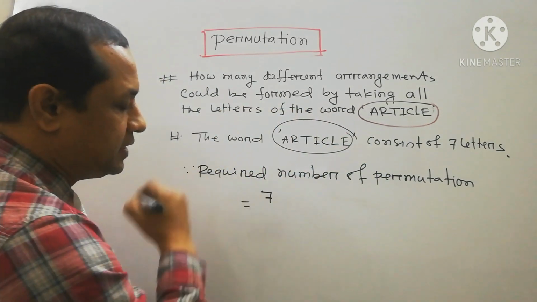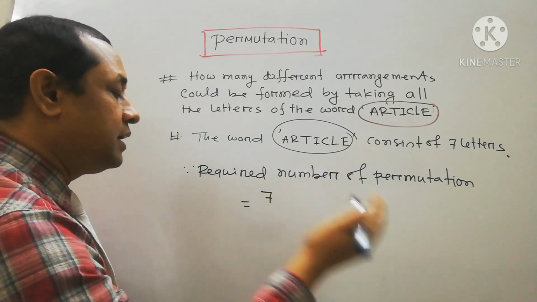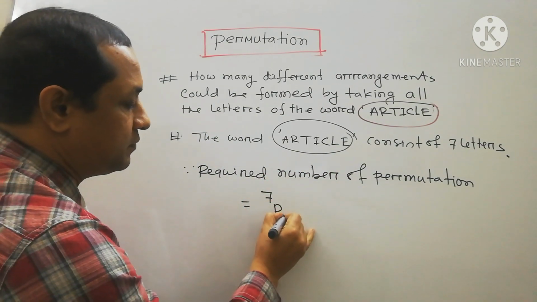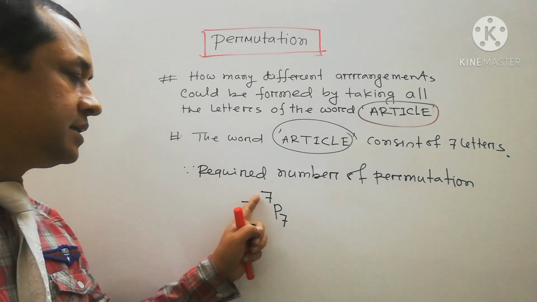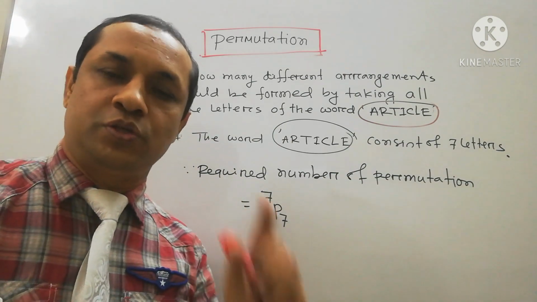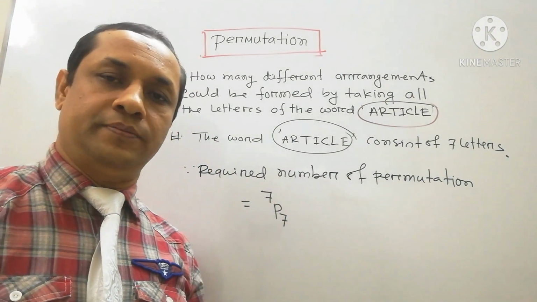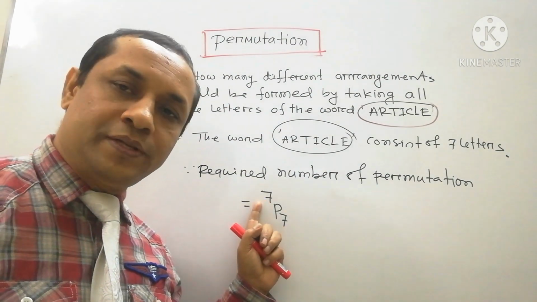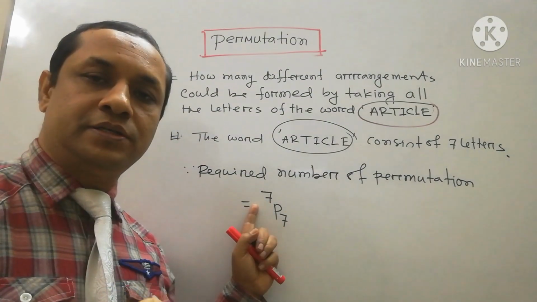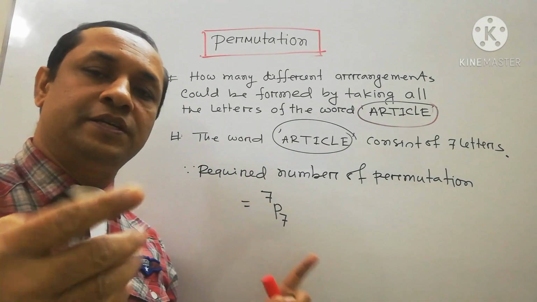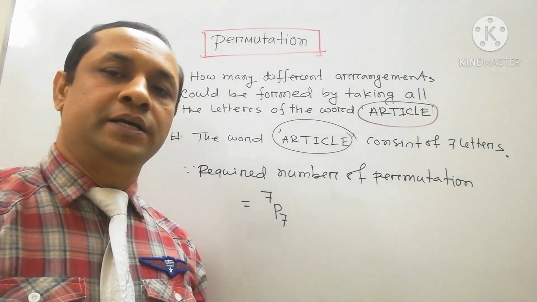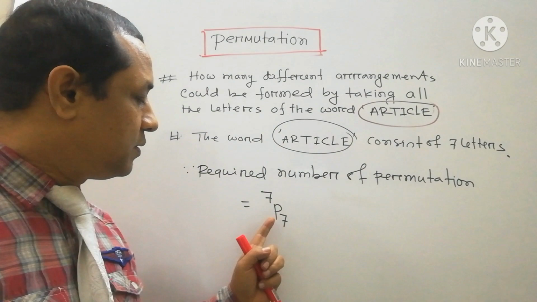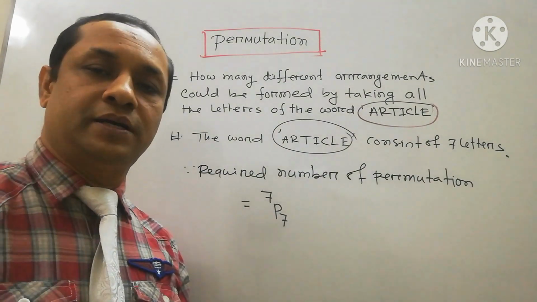So the value of n is 7 and taking all at a time, so the value of r is 7. So we can write 7P7. Students, I hope that you are clear. The value of n equals 7, the total number of different letters, and taken all at a time means 7 at a time. Different letters is a very important word.